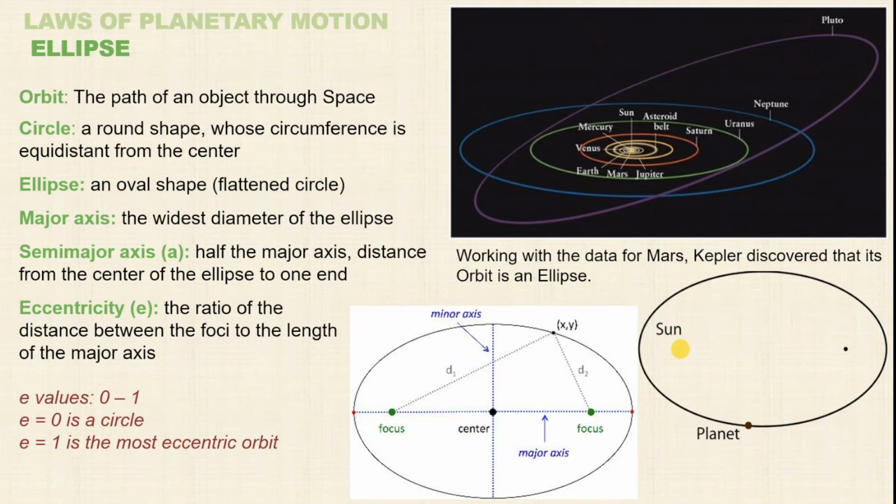That orbit has orbital elements. For example, the semi-major axis is one orbital element. The semi-major axis tells you the size of that orbit. The bigger the semi-major axis, the bigger the orbit, or the farther away from the star. So the semi-major axis tells us the size of the orbit.